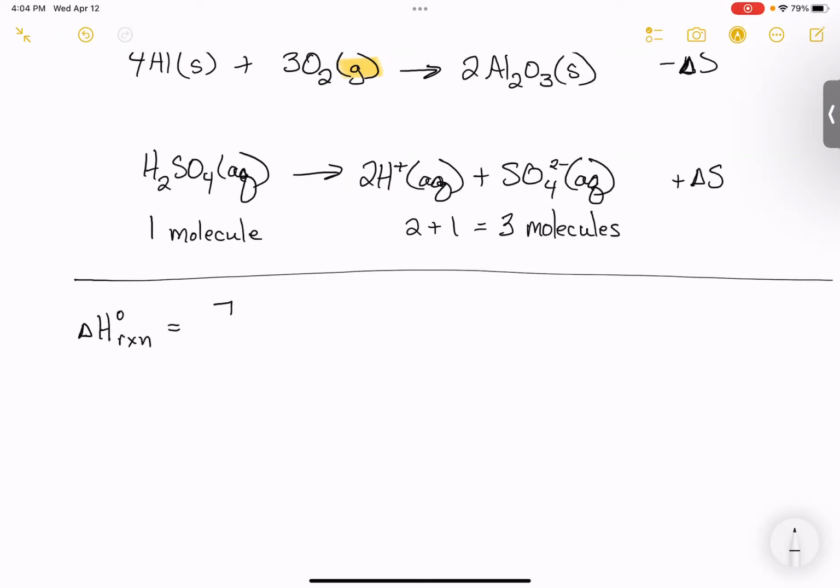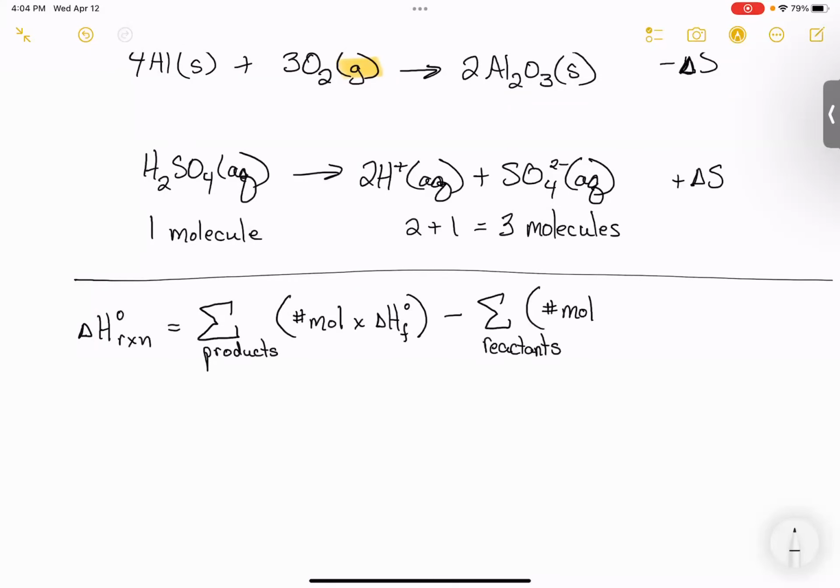It was the sum for the products of the number of moles times the delta H of formation minus the sum over the reactants of the number of moles times the delta H of formation.